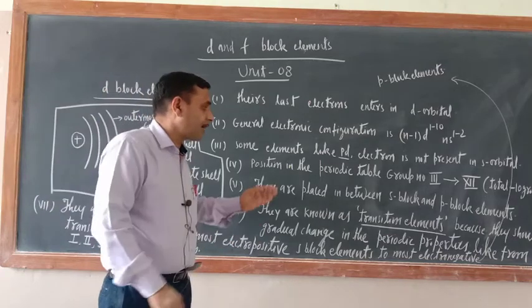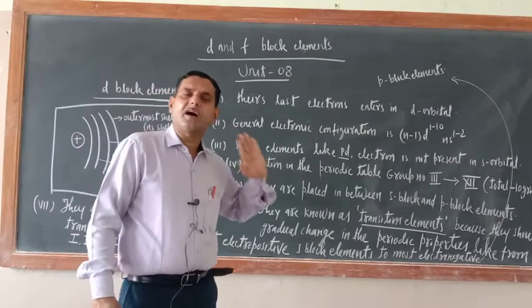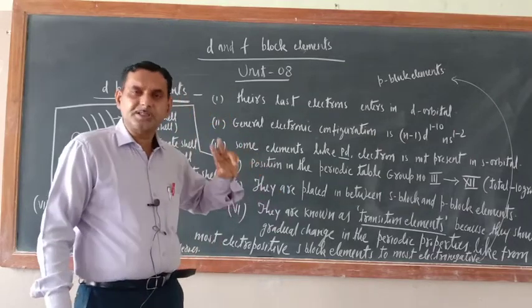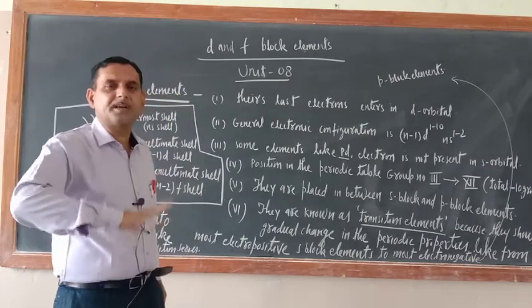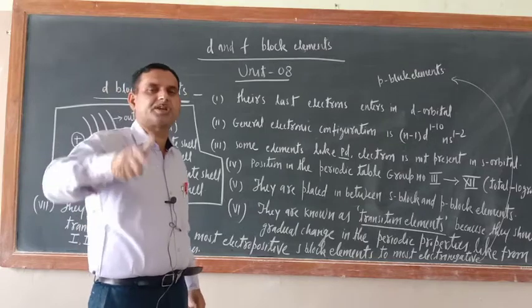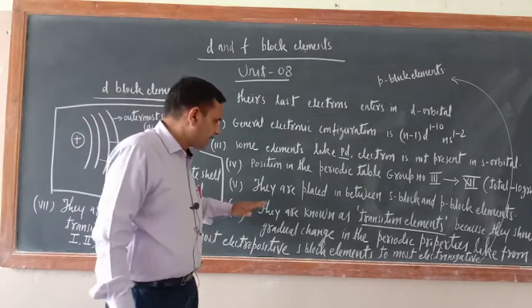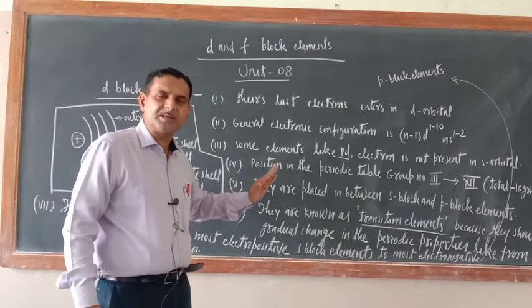That is why they are known as transition elements. What is the meaning of transition element? The meaning of the word transition in English is shifting from one position to another position. That is known as transition period. So their other name is transition elements. Why are they known as transition elements?